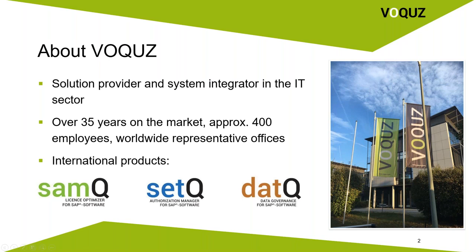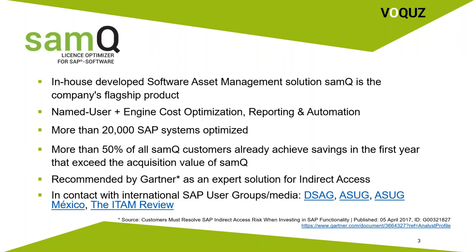We're very well known for our samQ license optimizer, which is one of the standard solutions in the market worldwide. Today we have the start and introduction of SATQ, our authorization manager, and we're going to talk about this in this webinar. And there's a smaller tool available that helps you keep your data quality for non-transactional data within SAP in order. Let's have a look at samQ shortly, because this is our product which we're famous for worldwide. It's an in-house developed software asset management solution where we do cost optimization and automatic user classification for SAP users. We've already optimized more than 20,000 SAP systems.